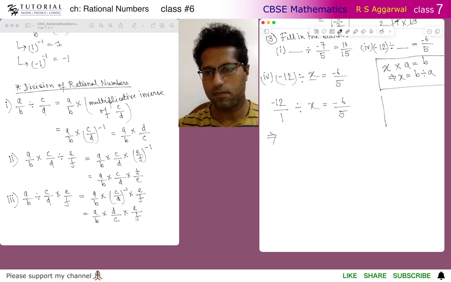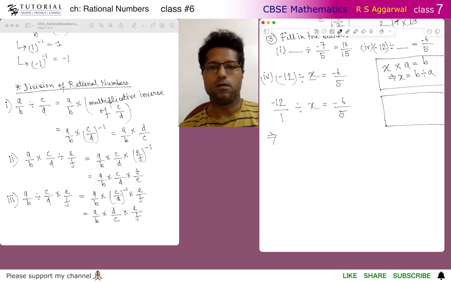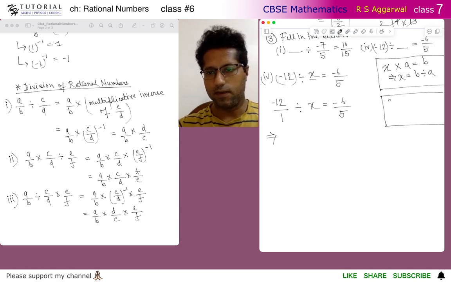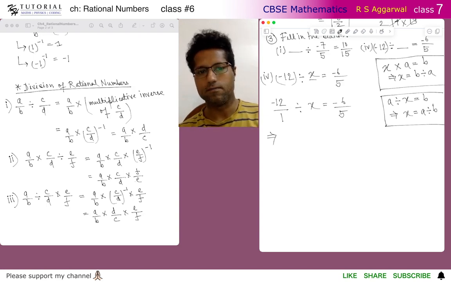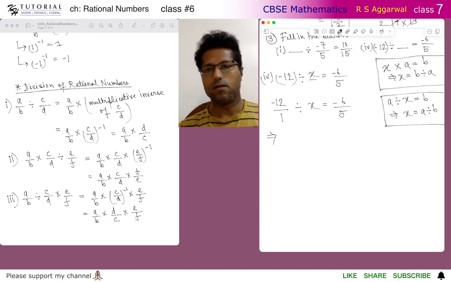Similarly, if you have something like a divided by x equals b, then this implies that x equals a divided by b. I hope you are aware of this. If you are not, you can note this down.